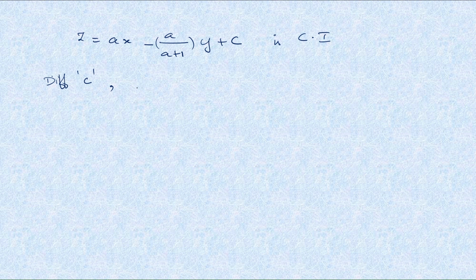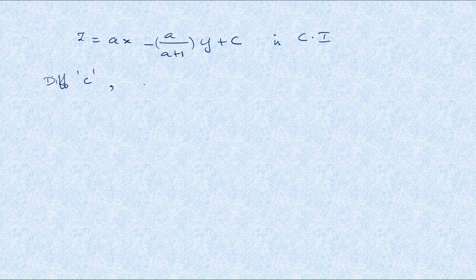So this being the complete integral, that is z is equal to ax minus a divided by a plus 1 into y plus c, which is the complete integral. Okay, now to find the singular integral, we have to differentiate partially with respect to the 2 arbitrary constants a as well as c to get the singular integral. So first let us differentiate partially with respect to c first.